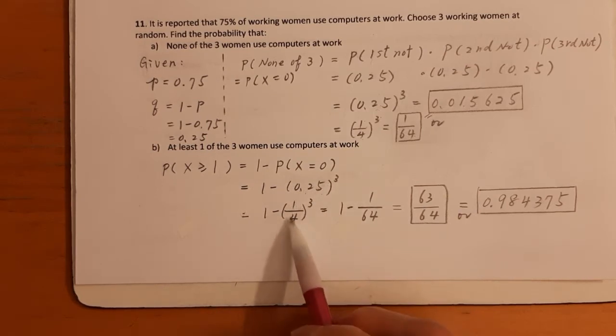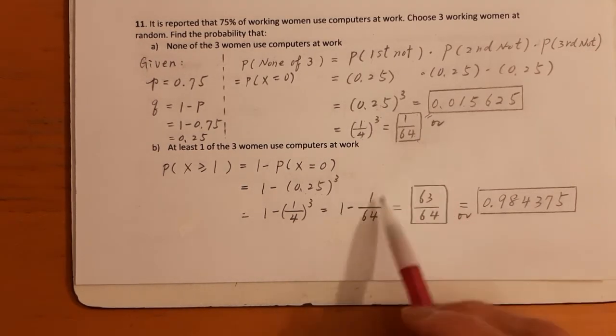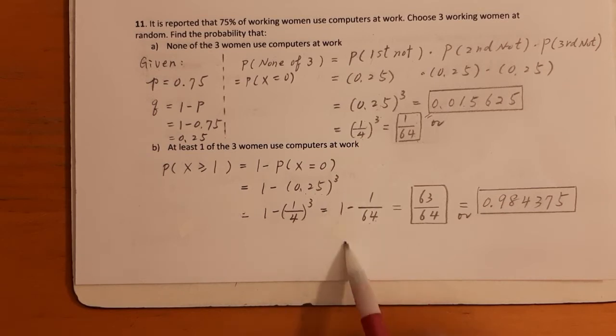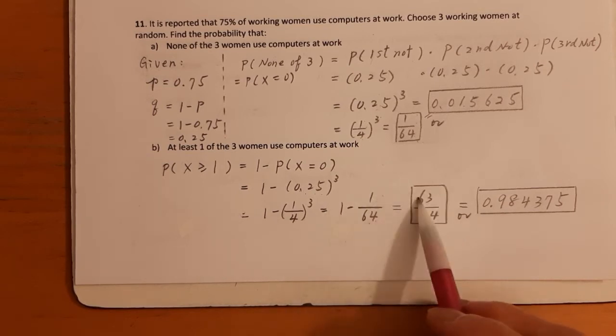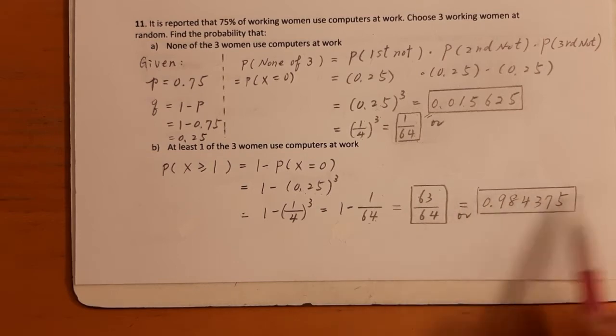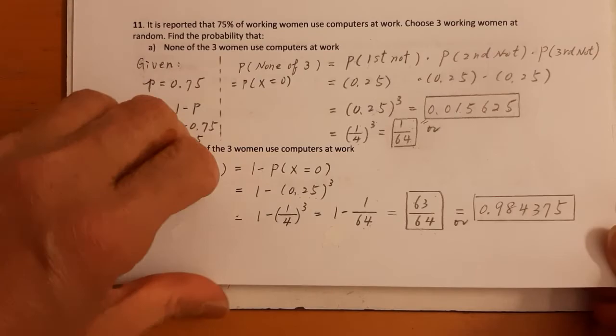So it equals 1 minus 1/64. The 1 is 64/64, minus 1 is 63/64. You can answer with a fraction or you can go with a decimal number, and they are equal.